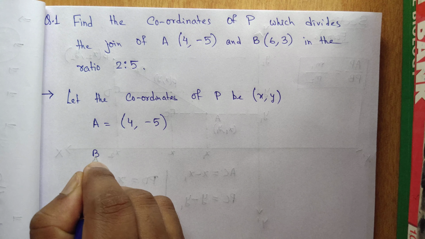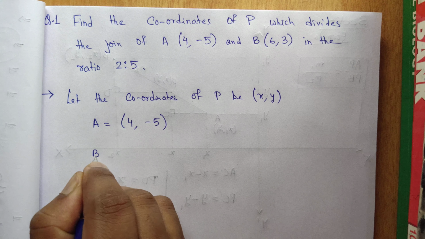And you also have the ratio in which P divides, that is m1 is to m2 is 2 is to 5. Now this can be treated as x1 and this becomes your y1, this becomes x2 and this becomes your y2.